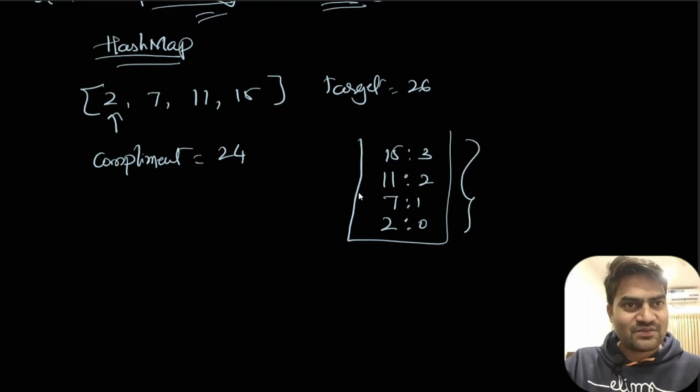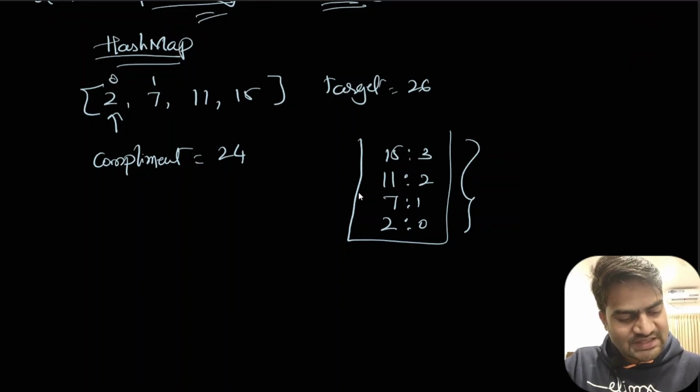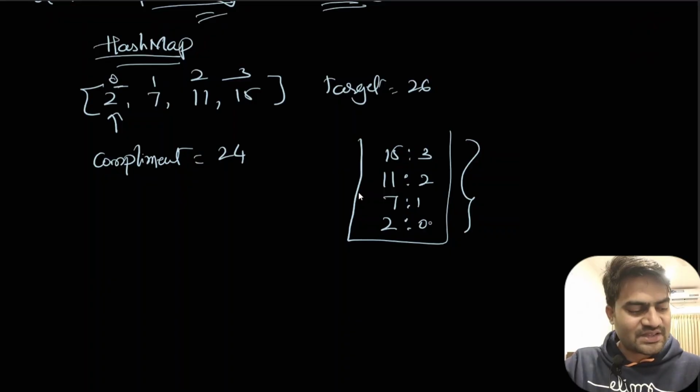If that is the case, then we got the pair, and we simply return this index and the index we get from the hash map. But one thing we need to take care of: if we have target 6 and the number 3 in the array, its complement will be 3 only, right? So it should not look for the same 3.